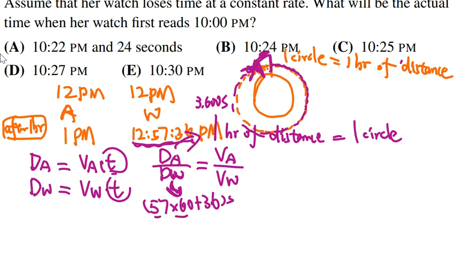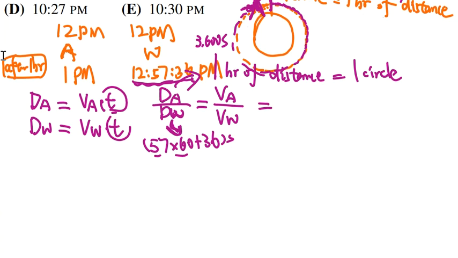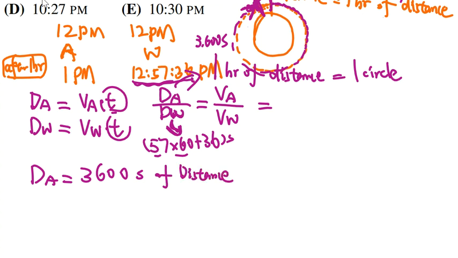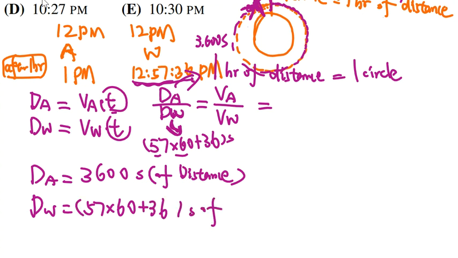This is a time. So it is going to be a dA. Okay, I'm going to write it here. dA is going to be 3,600 seconds of distance. And dW is going to be 57 times 60 plus 36 seconds of distance. Yes.